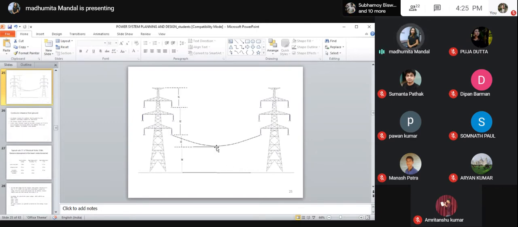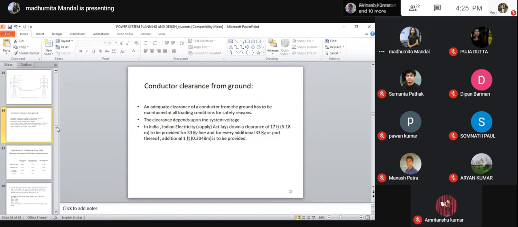Here we can say that the lowest point is in the middle of the span length. But if the towers are at different heights, then obviously this shape will change and the minimum clearance point will also change.